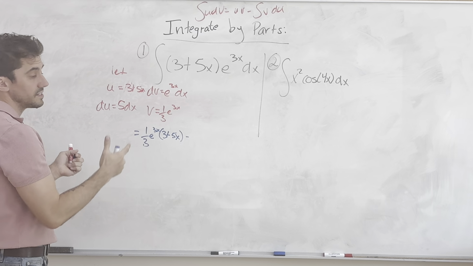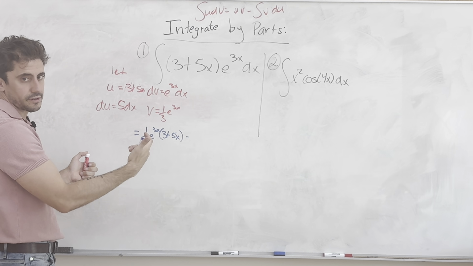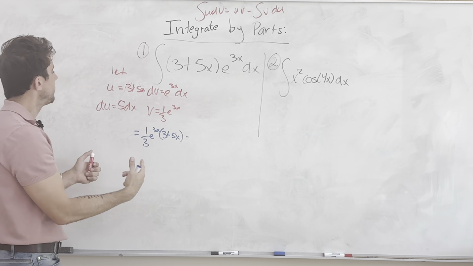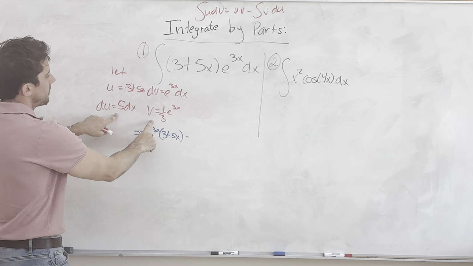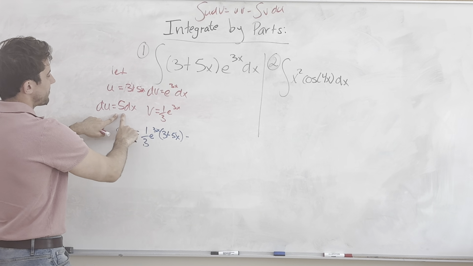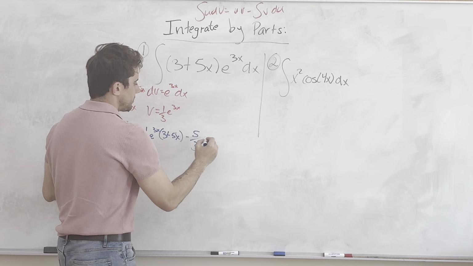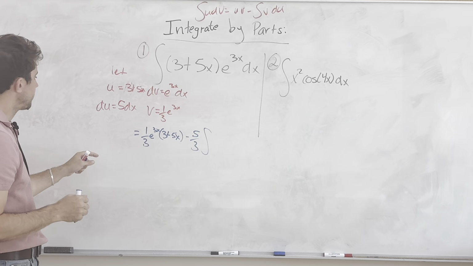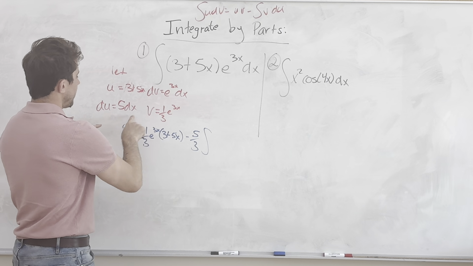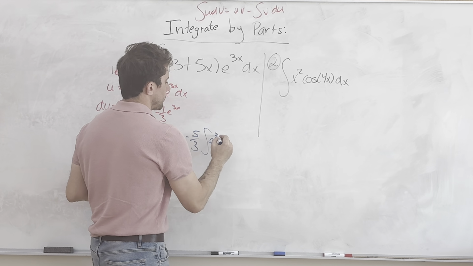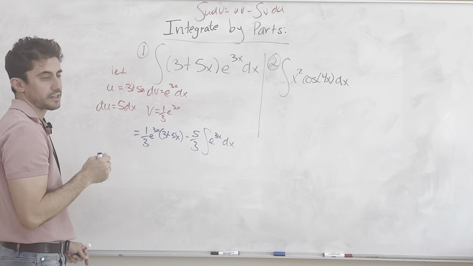Now this is where we see how much simpler our new integral is going to be to evaluate. v du is 1/3 e to the 3x times 5 dx. 5 times 1/3 we can plop outside as a constant, and all we have left to evaluate inside the integral is e to the 3x dx. And that is a trivial integral to evaluate.